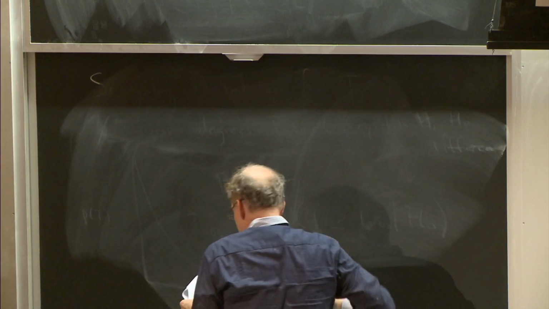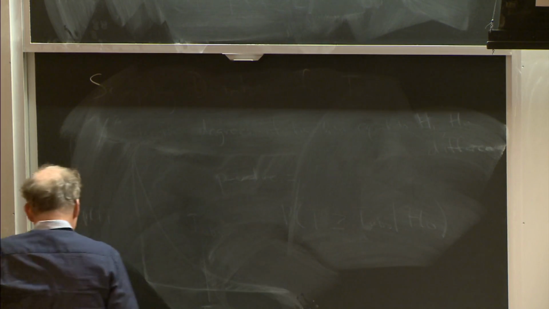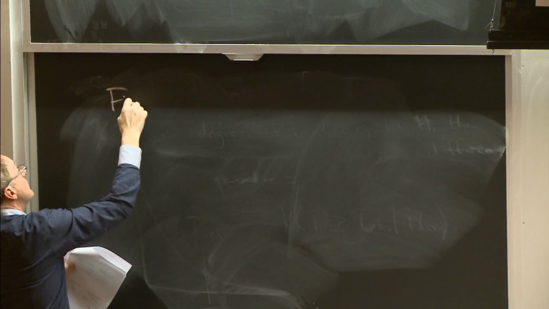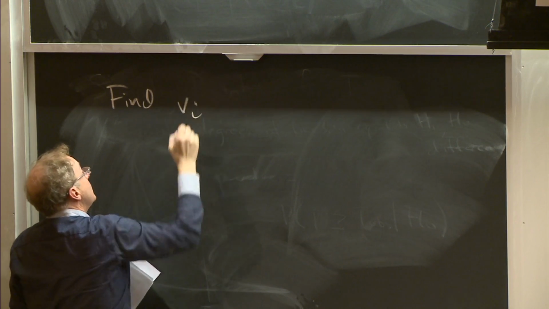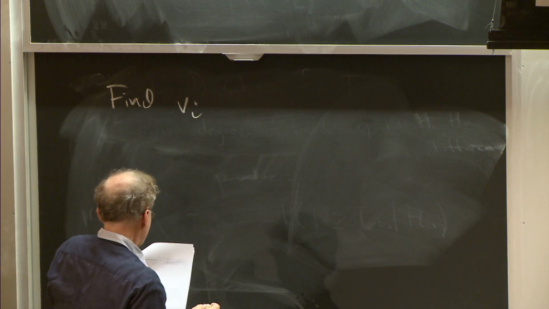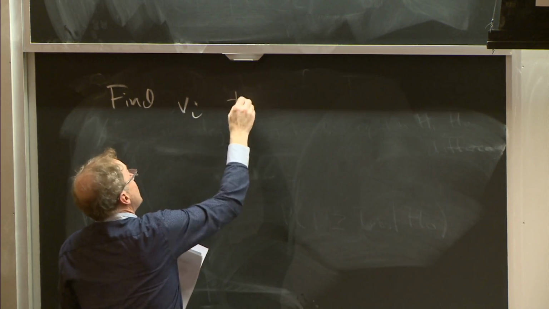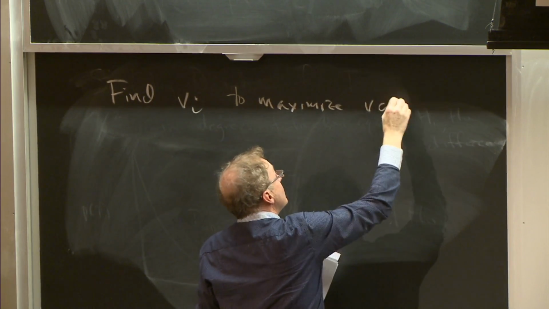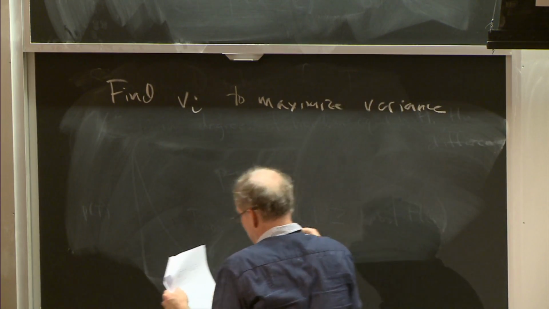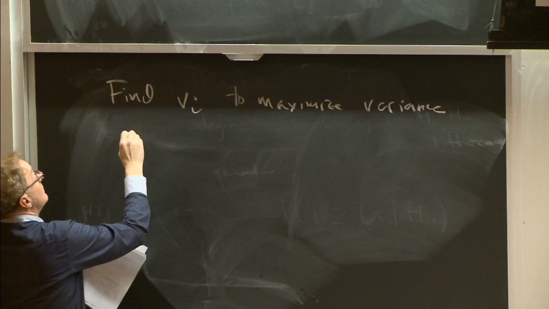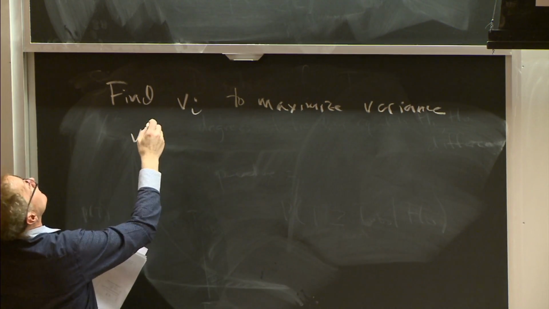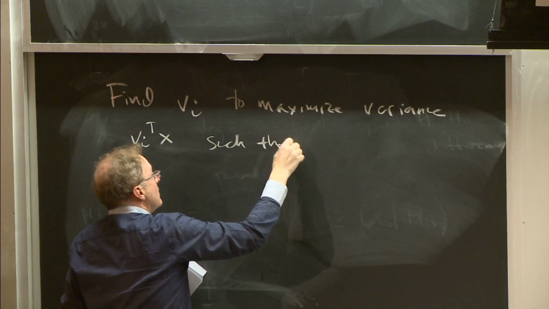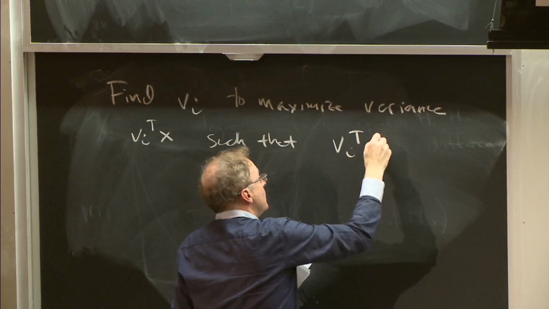So what we would like to do is this. We would like to find V_i, which are vectors, to maximize the variance of V_i transpose x such that V_i transpose V_i is equal to 1.